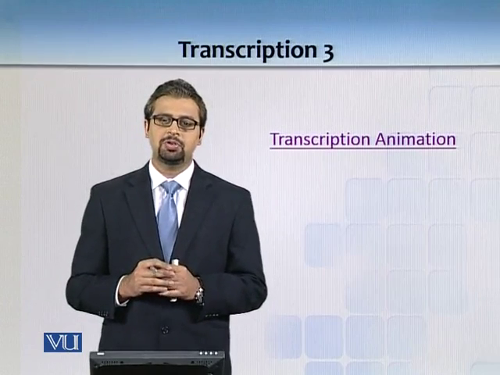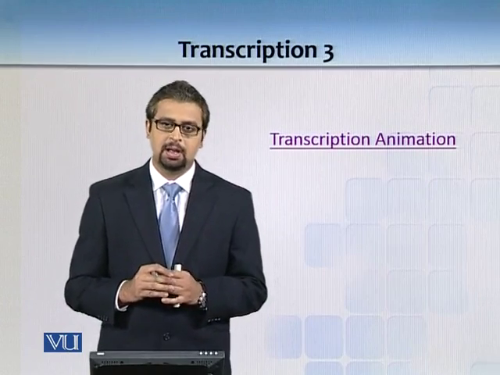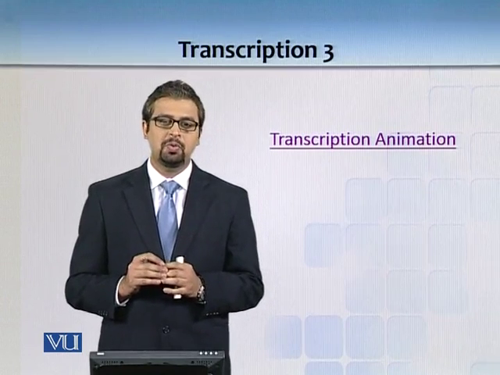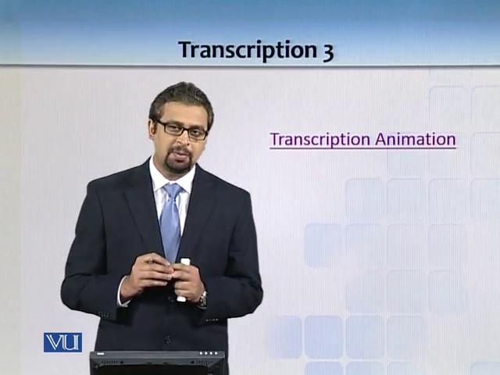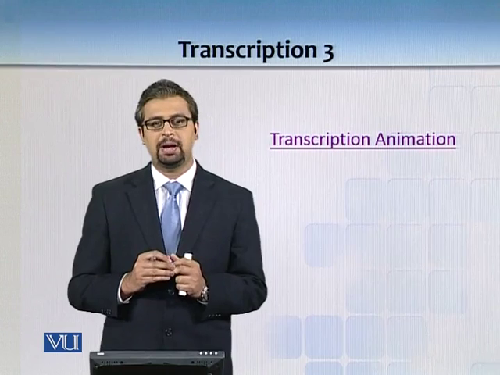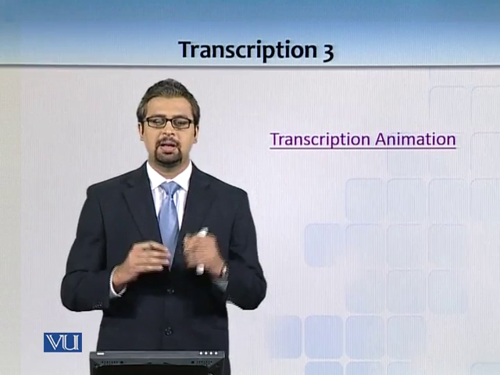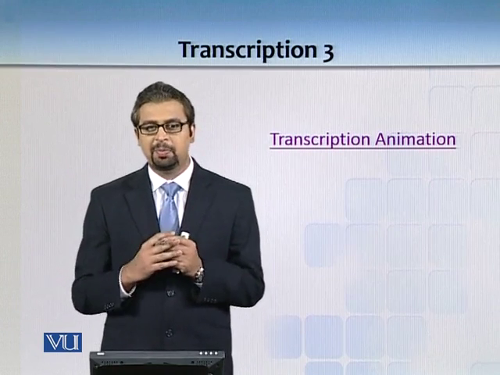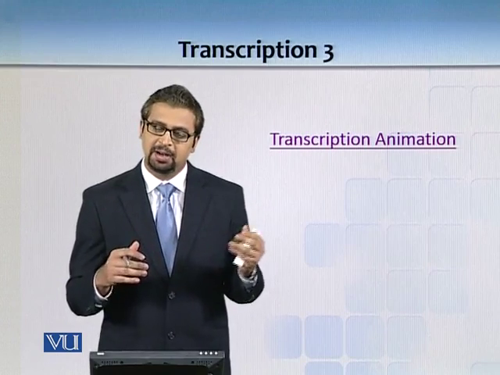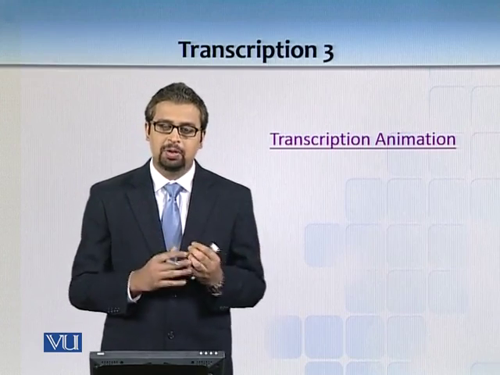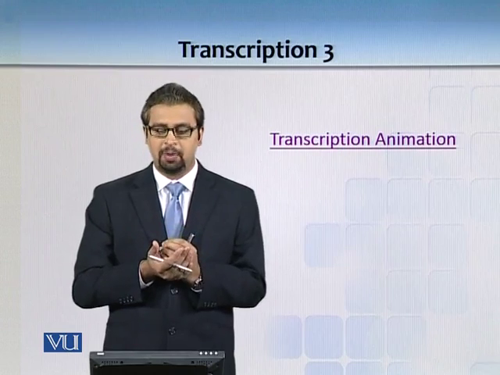So, in this video you saw how transcription happens, but there were a few inaccuracies. For example, sigma factor doesn't bind to RNA polymerase beforehand. It's a very dynamic process. On one hand, sigma factor is recognizing a promoter and simultaneously it binds to RNA polymerase.